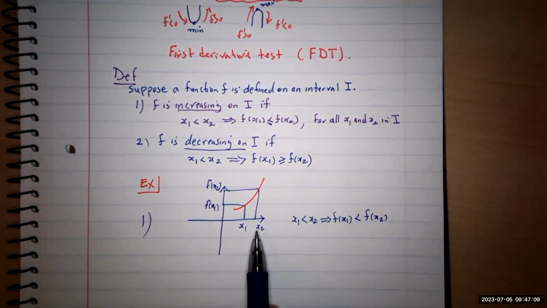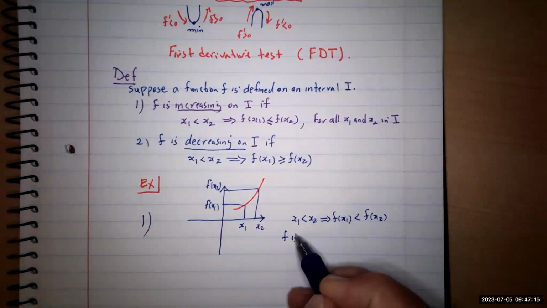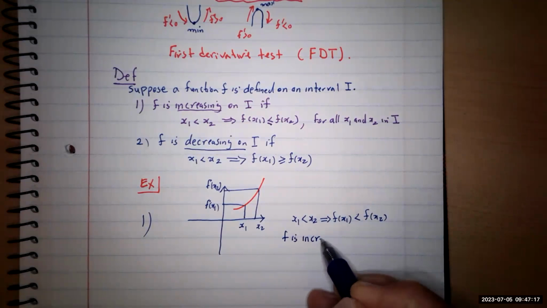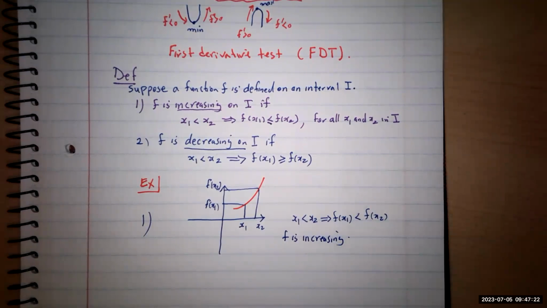So go from left to right, up, up, up. So f is increasing. Any question? The other way around? Look at this one. Another graph.